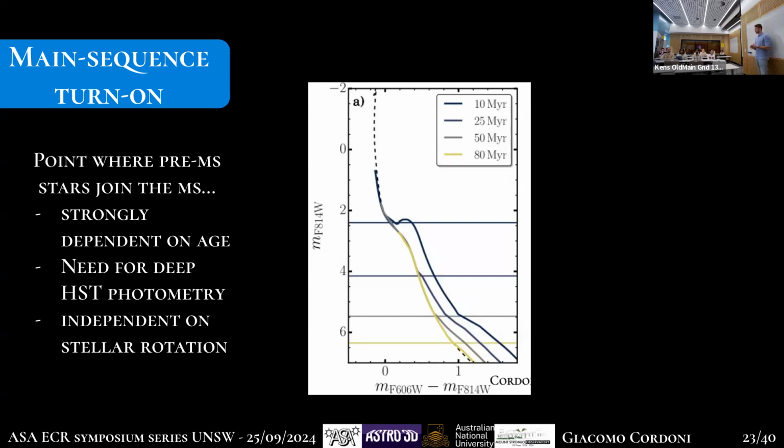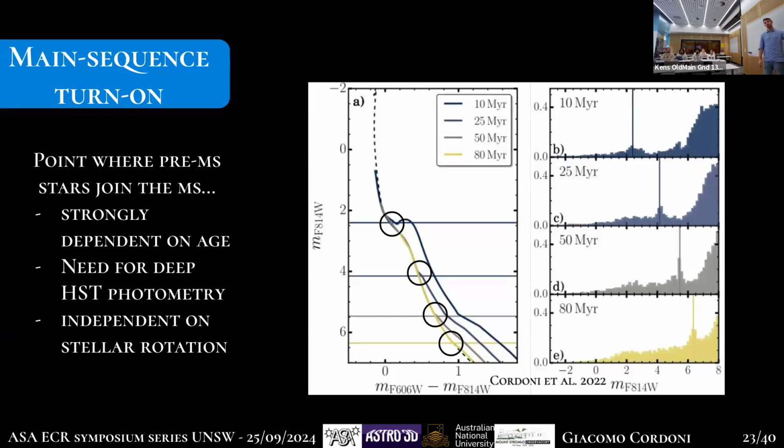So we can use the turn-on as a clock to precisely date a cluster, and it's independent of stellar rotation, because we are in very low mass stars, so rotation doesn't really affect these stars. So we can look for the main sequence turn-on, date the cluster, and understand if we have an age difference. And that's exactly what we did.